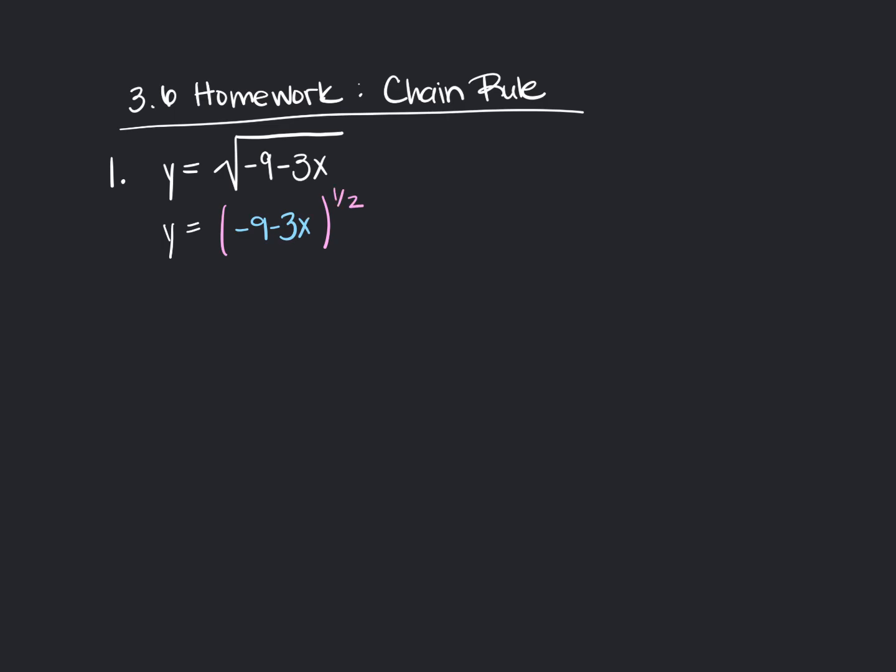Okay, so on the chain rule, if you'll remember, if I'm taking the derivative of a composition, so f of g of x, it's going to be f prime of g of x, so the outside derivative, the inside stays the same, times the derivative of the inside, okay?